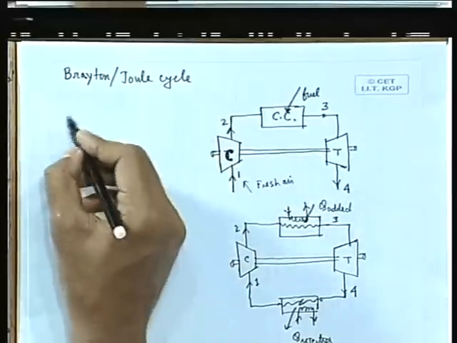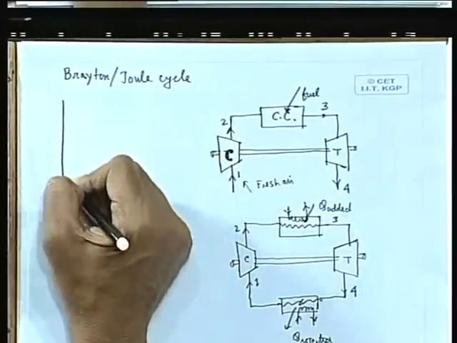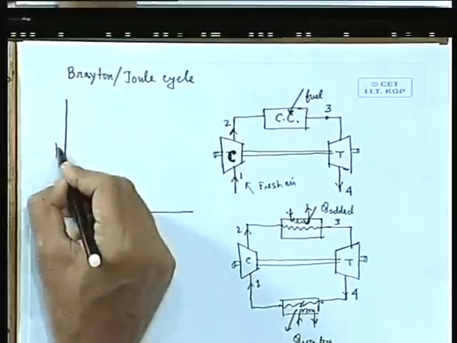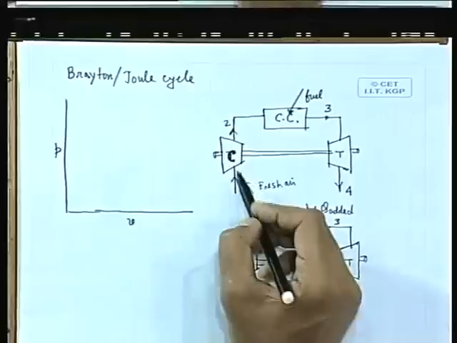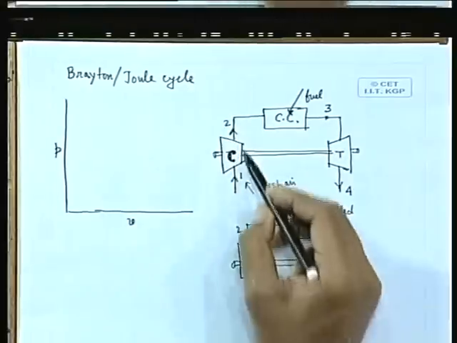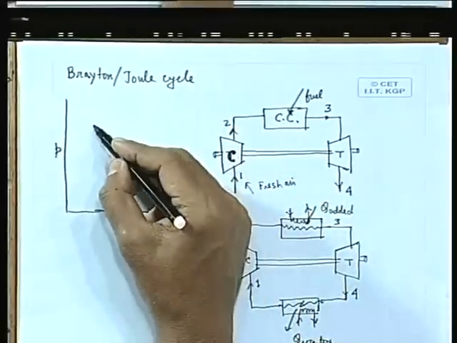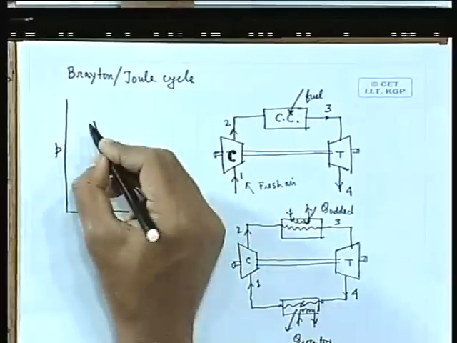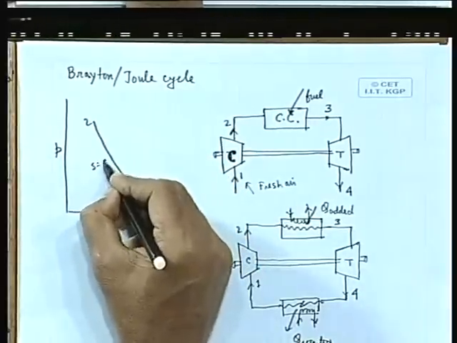Let us draw the cycle diagram in the PV and TS planes. First, let us draw the PV plane. The 1-2 process, the process of compression, is ideally simulated by an isentropic process, S equal to constant.